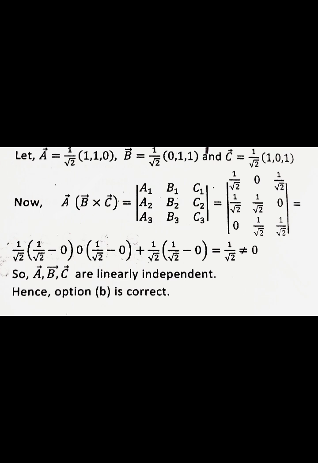Then A · (B × C) is equal to the determinant of A1, B1, C1, A2, B2, C2, A3, B3, C3, and this is equal to 1 by root 2 into (1 by root 2 minus 0) plus 0 into (1 by root 2 minus 0) plus 1 by root 2 into (1 by root 2 minus 0). This is equal to 1 by root 2, which is not equal to 0. So as A · (B × C) is not equal to 0, we can say that A, B, C are linearly independent. So the answer is option B.